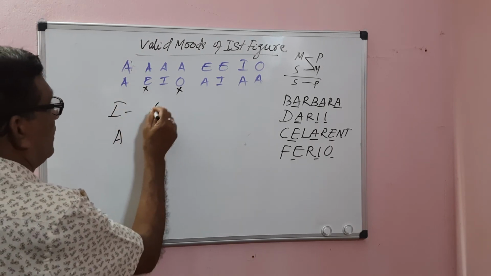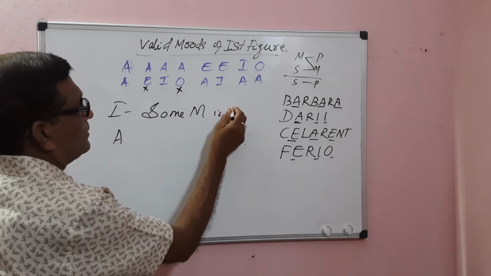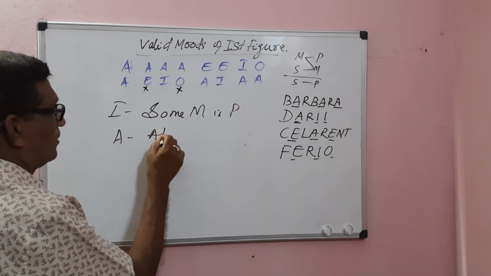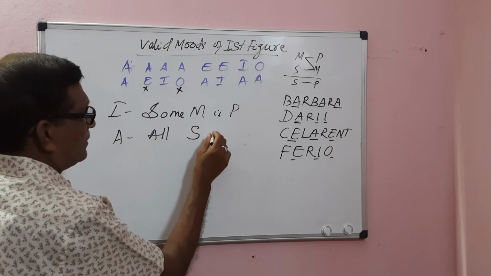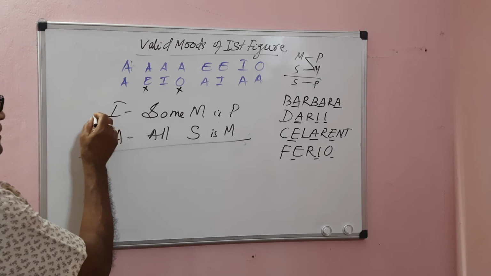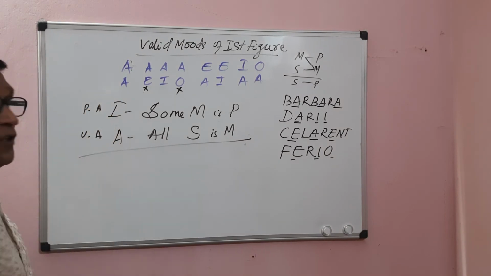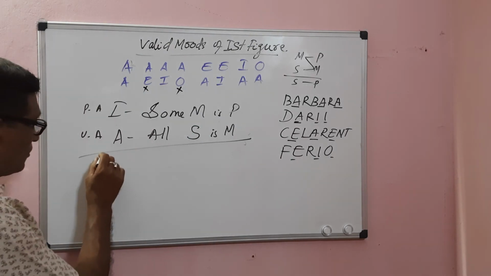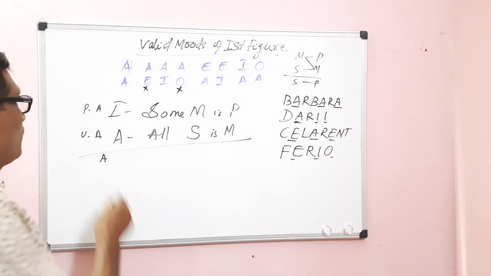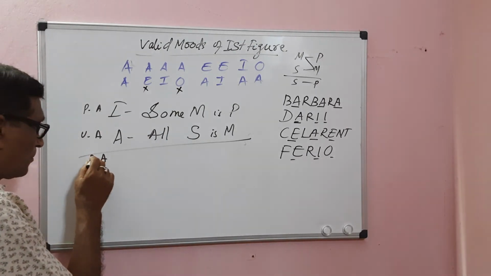IA. Some M is P, all S is M. You see here a particular affirmative and a universal affirmative. When both premises are affirmative, the conclusion must be affirmative. When one premise is particular and the other is universal, the conclusion must be particular.